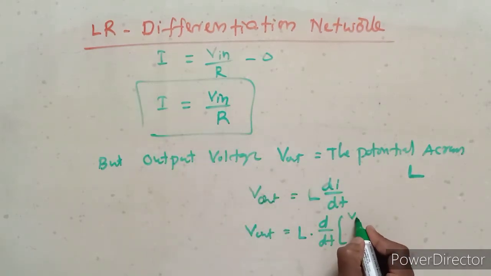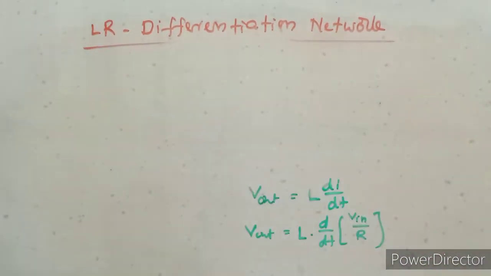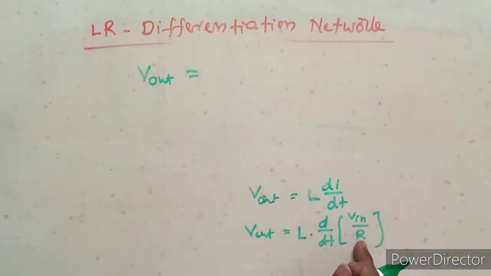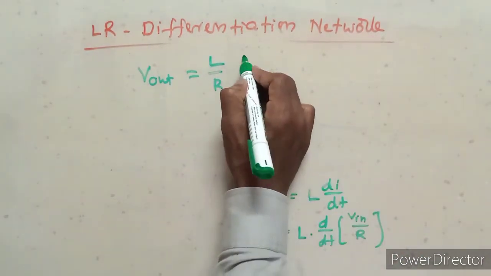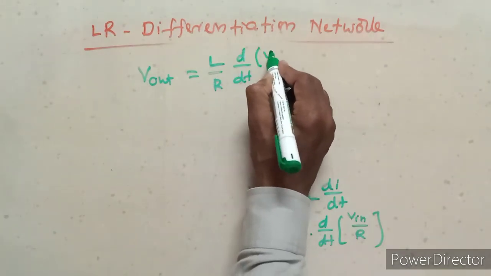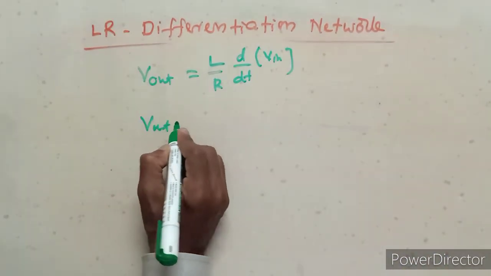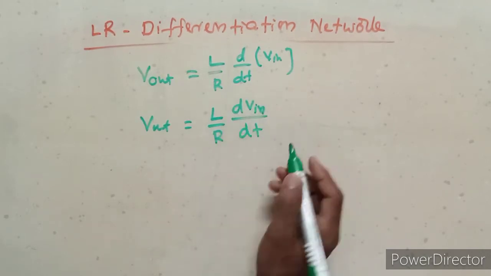I is the current, input voltage upon R. In this equation R is constant, so the output voltage equals L upon R into d upon dt of the input voltage.